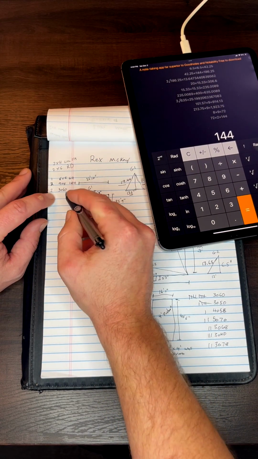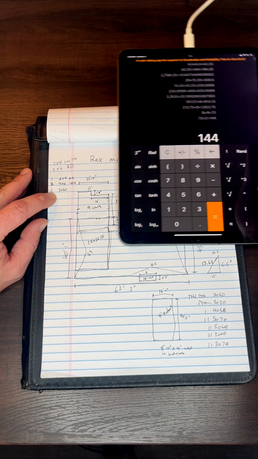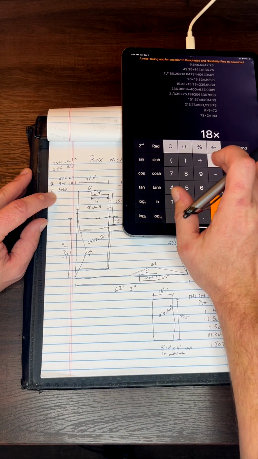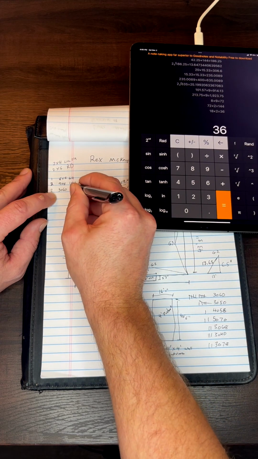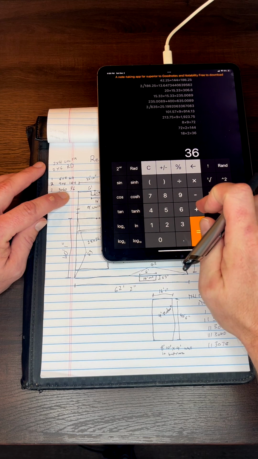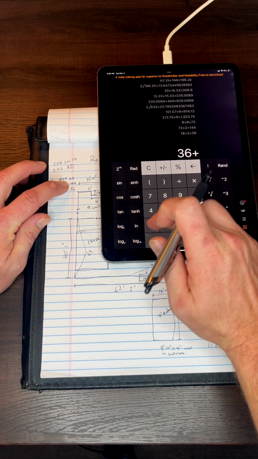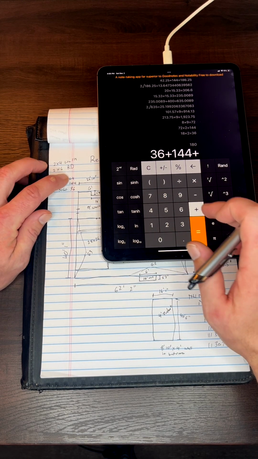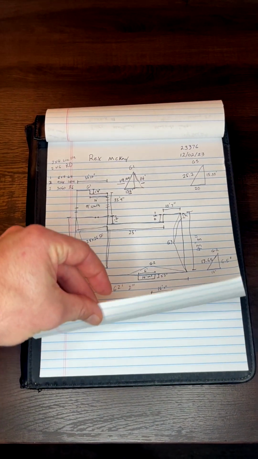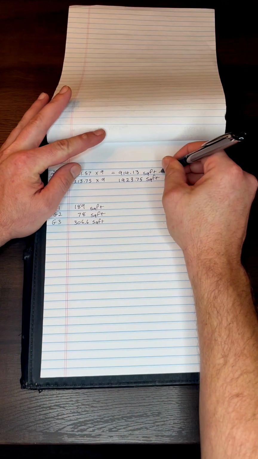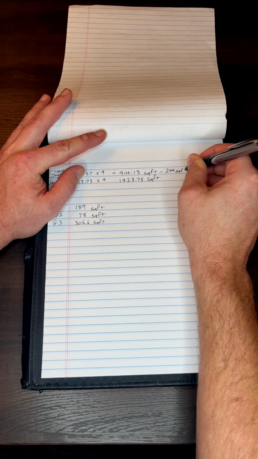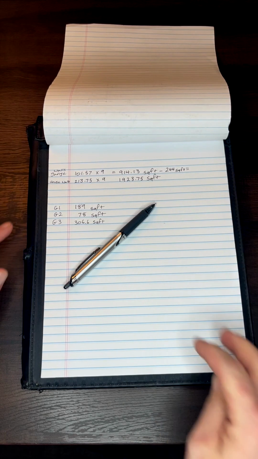And then we're going to have 2 3060s: 6, 12, 18. 18 times 2 is going to be 36. So right here for our doors and windows in our garage, 36 plus 144 plus 64 equals 244 square feet.